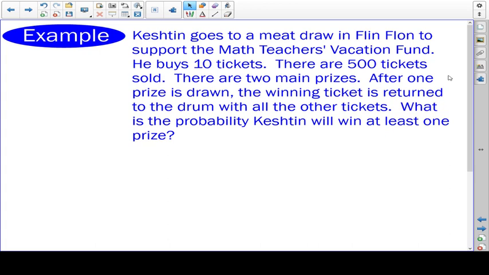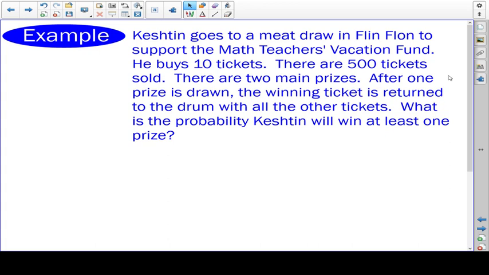But remember a little thing called the complement. The complement is the opposite of what we're looking for. So the opposite of winning at least one prize is what? Winning none. Winning nothing. So what's the probability of him winning nothing? And we'll subtract that from 100% or 1.